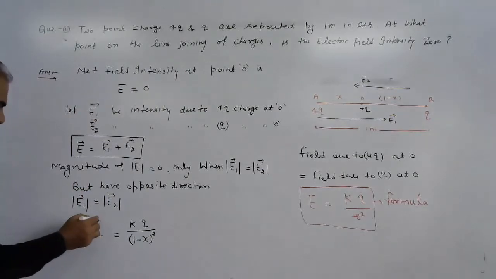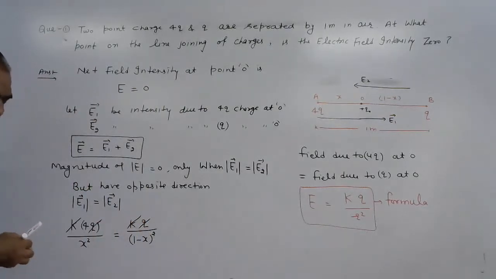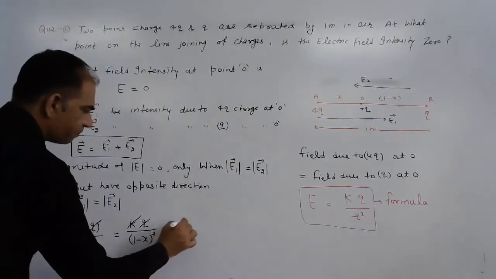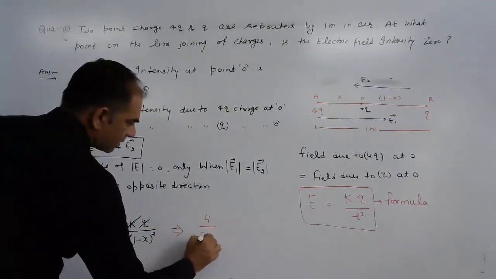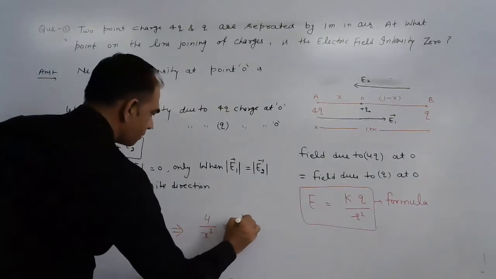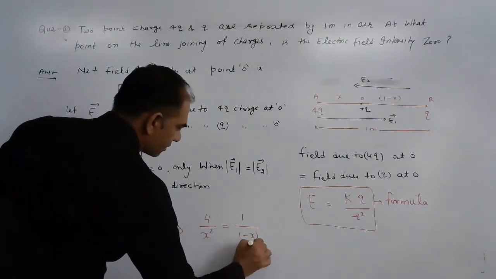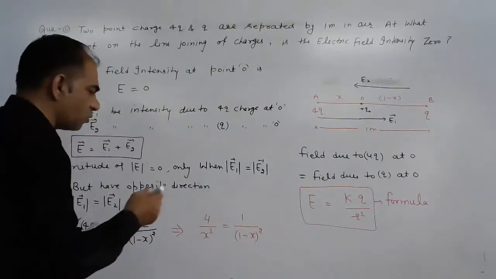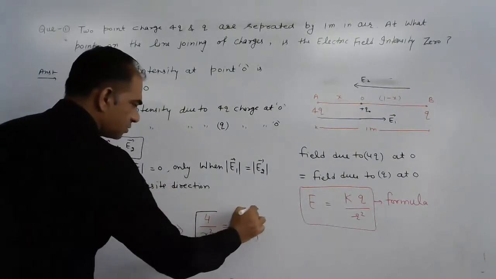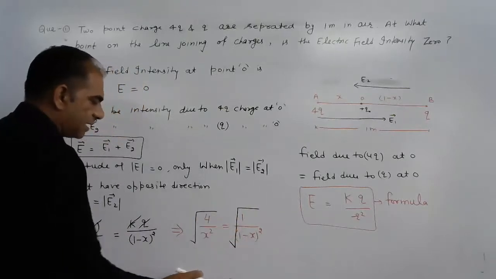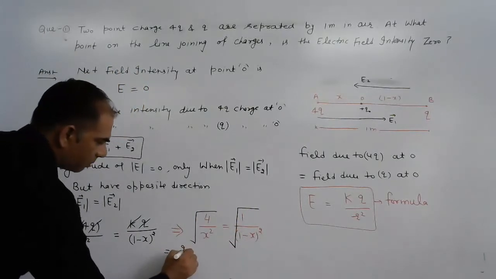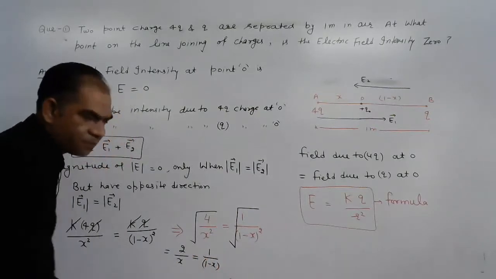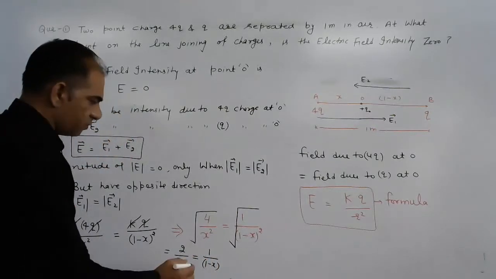We cancel these terms on both sides, and the remaining terms become 4 upon x squared is equal to 1 upon (1 minus x) squared. Taking the square root on both sides, we get 2 upon x equals 1 upon 1 minus x.